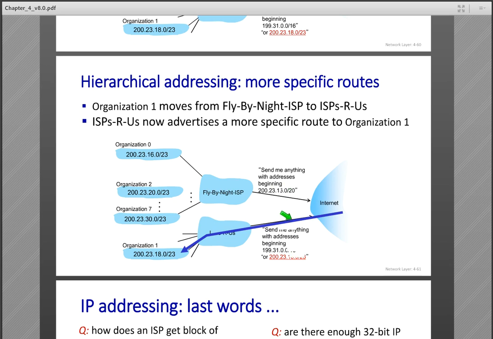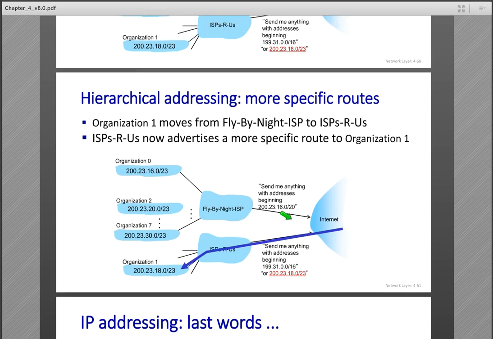It means that if I choose the bottom route, the route from RUS ISP, more bits, 23 bits instead of 20, are matched with my destination address.